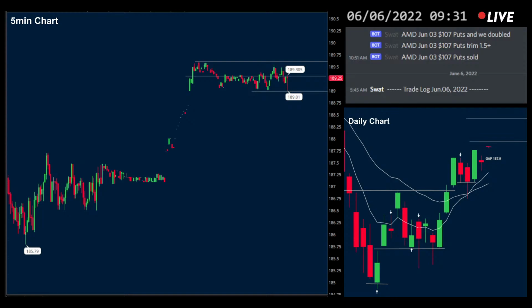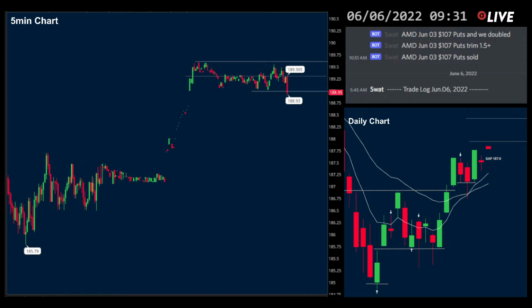JP Morgan some fading. AMD very, very strong on some bull flow. Not chasing these moves, guys.